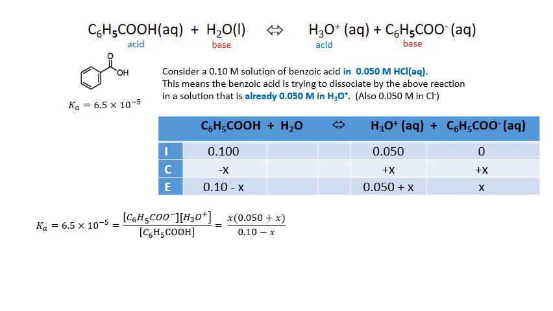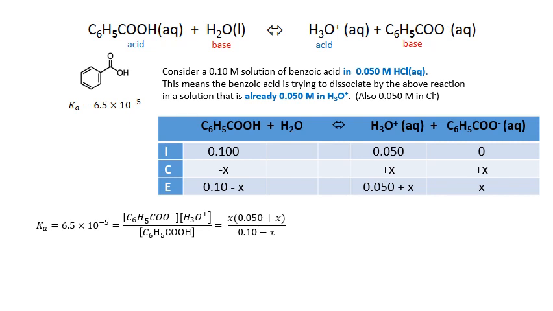And you're probably expecting something rather messy algebraically, but in fact, it's simpler than problems we've done before. Let's again look at our x is small approximation as a possibility here. It's a weak acid, doesn't dissociate much.